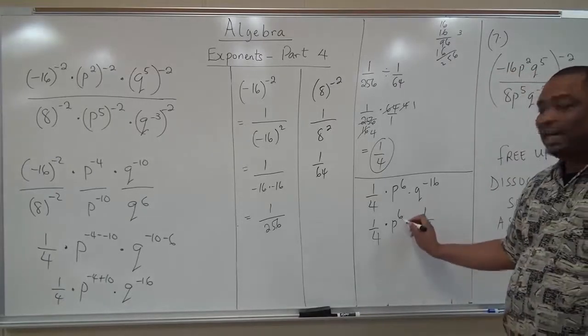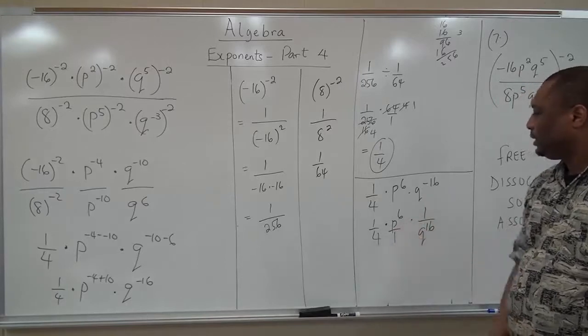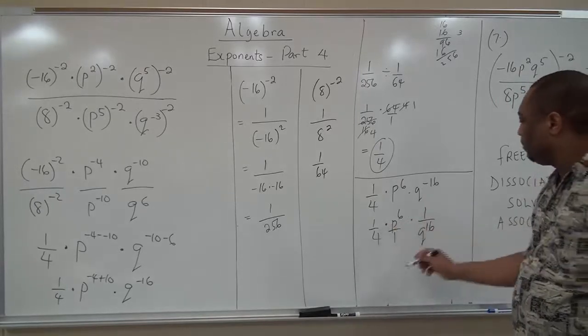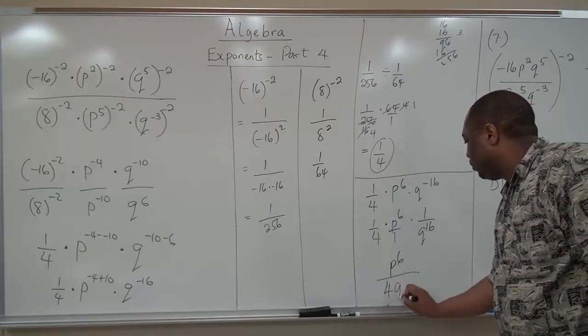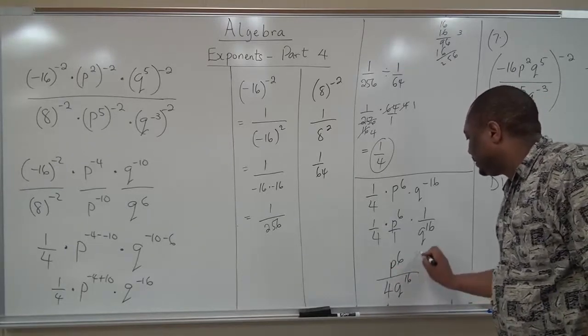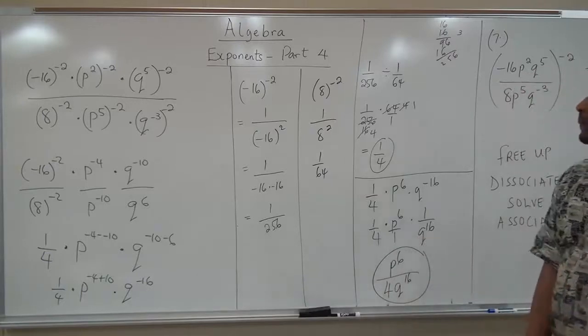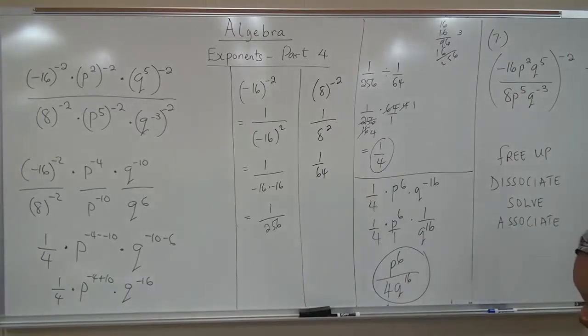Yeah, this means P exponent 6 over 1. You know, that is what it means. So when you multiply, you now have P exponent 6 all over 4Q exponent 16. So this is one way to do it.